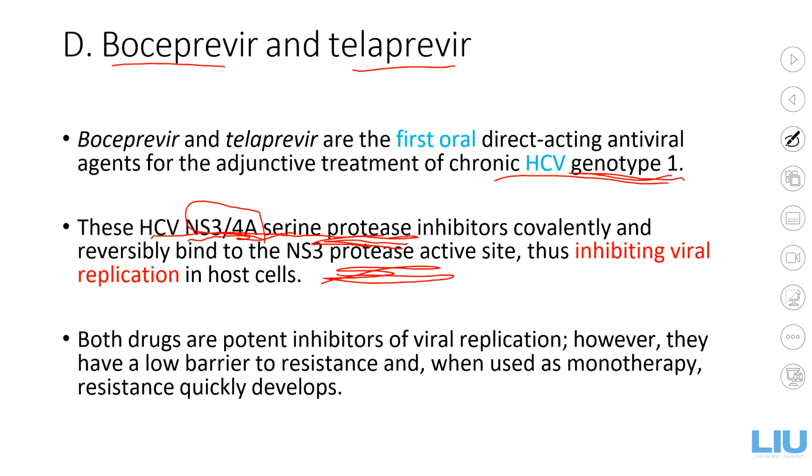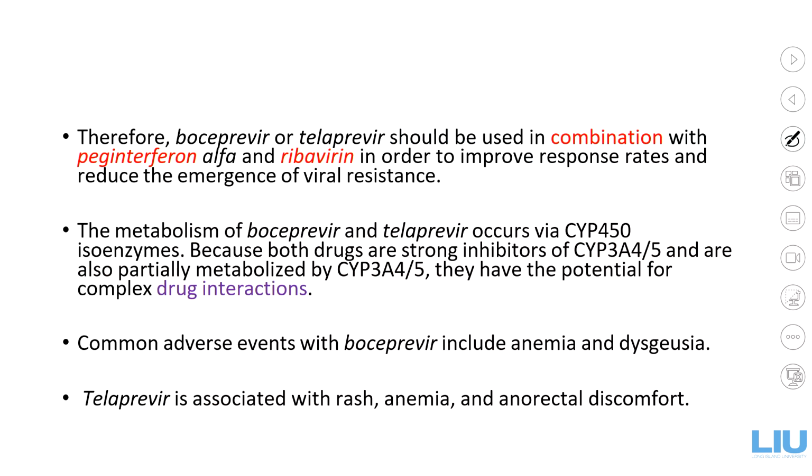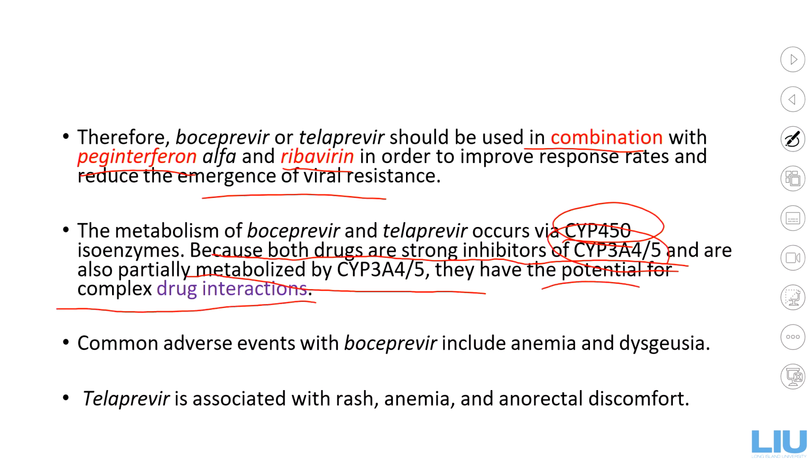Okay. Both are potent inhibitors. However, they have a low barrier to resistance, especially when used as a monotherapy. So they should always be combined with other agents to improve their effect and reduce resistance. Metabolism occurs via this enzyme, and because both are strong inhibitors of that enzyme, they are partially metabolized, and there is potential for drug interactions.